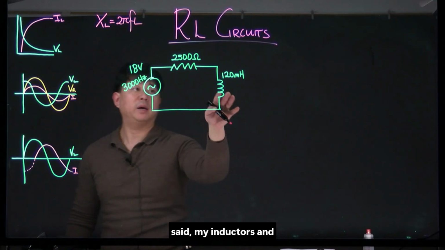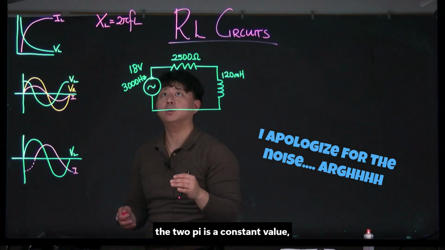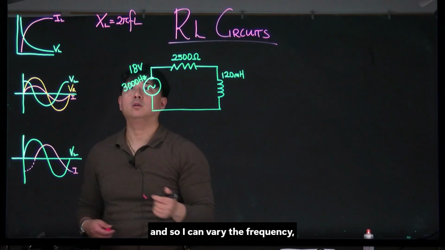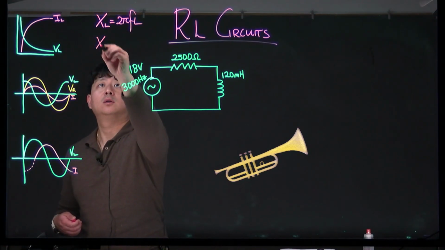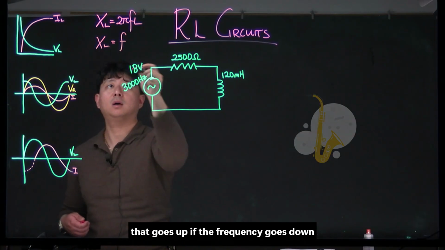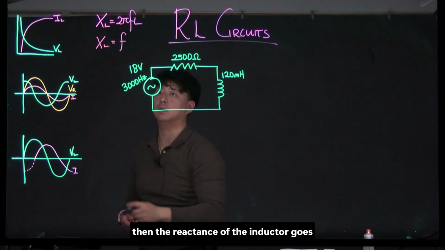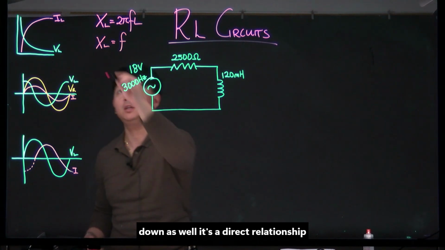The 2 pi is a constant value, and I can vary the frequency, which means it has a direct relationship. If this goes up, that goes up. If the frequency goes down, then the reactance of the inductor goes down as well. It's a direct relationship.